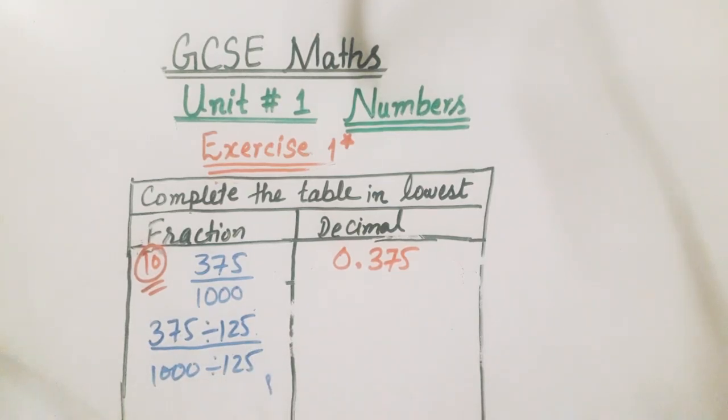When you divide, 375 divided by 125 equals 3 and 1000 divided by 125 is 8. So 3 by 8 will be the final answer.